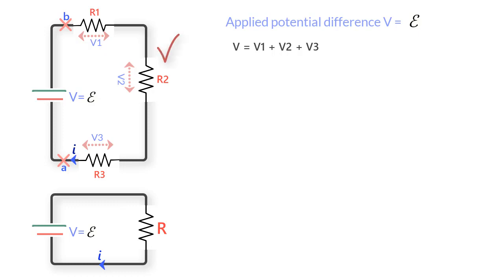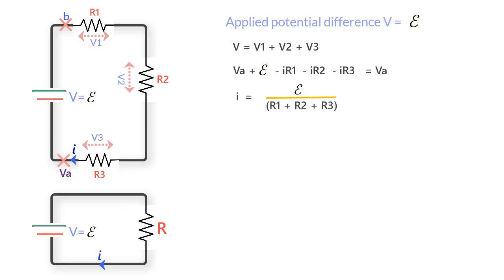So in this loop, we see that if VA is a potential here, then the equation we get if we move clockwise is VA plus E minus IR1 minus IR2 minus IR3 is equal to VA, or I is equal to E upon R1 plus R2 plus R3.